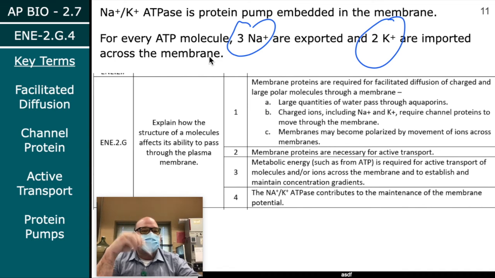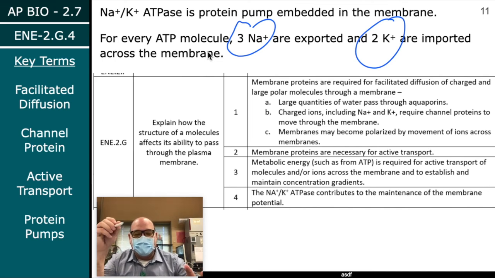And the pump is going in different directions, multiple ions, all using one ATP. It's really hard to show without an animation, and I didn't want to try to squeeze an animation on the screen during the lecture. So outside of this lecture, I have an Edpuzzle for you to watch on how that happens.